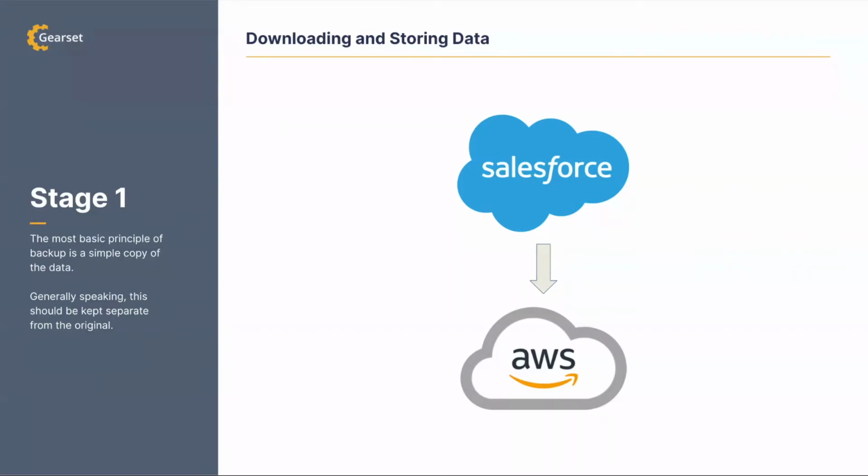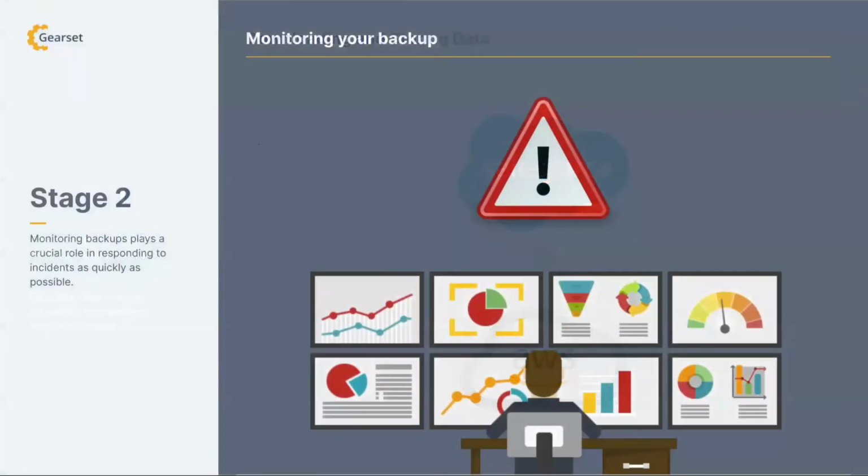So that's obviously going to be your first stage, and then a pretty crucial one as well. Stage two is going to be monitoring that backup. It's all well and good having your backup running for years and years on end, but if you never know when anything's changed, it's probably not much use to you, especially on data that isn't accessed all that frequently.